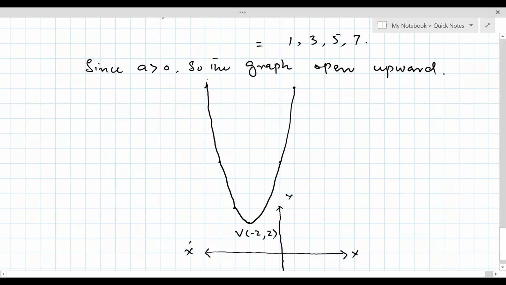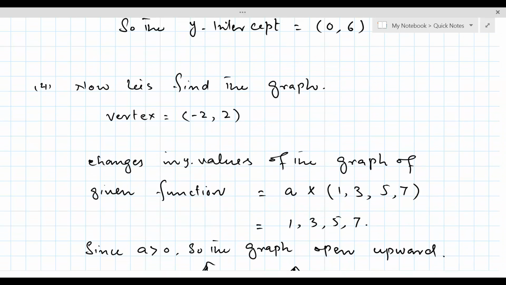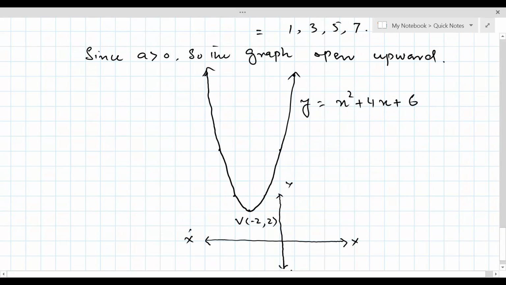And this may not be the best looking graph, but its equation is y is equal to x squared plus 4x plus 6. And as you can see, this doesn't intersect the x-axis at all. However, it intersects the y-axis at the point 0, 6.